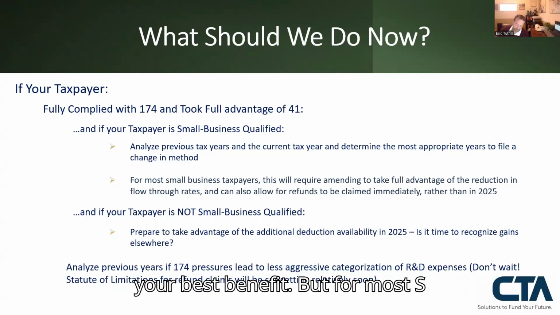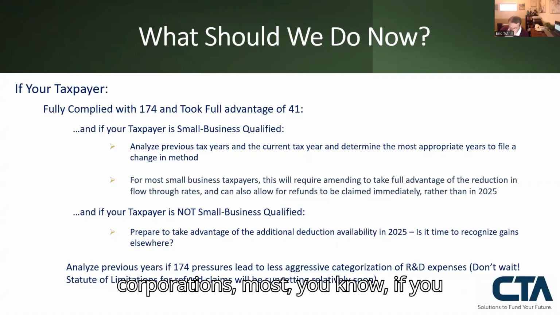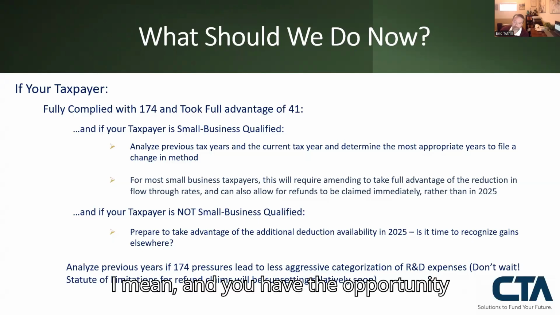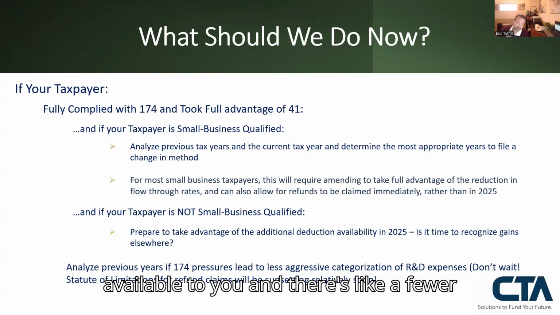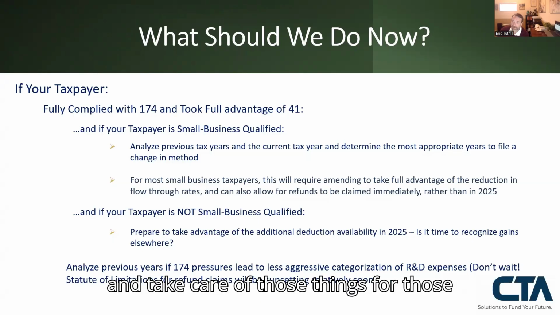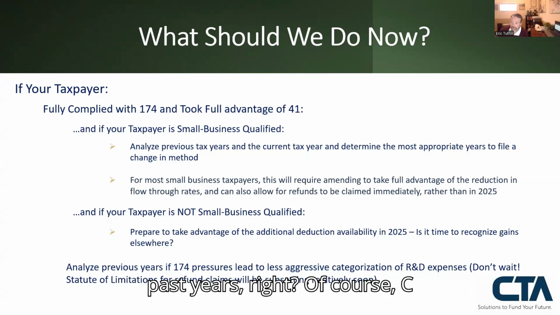But for most S corporations, if you had elected out of the BBA and you have the opportunity available to you, and there's a fewer amount of shareholders, that's a good way to do it: go back and take care of those things for those past years. Of course, C corporations, it depends, right?